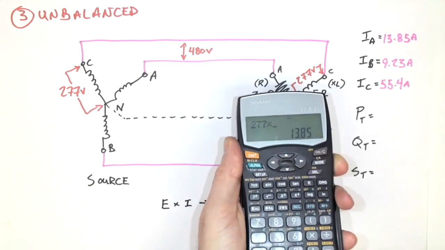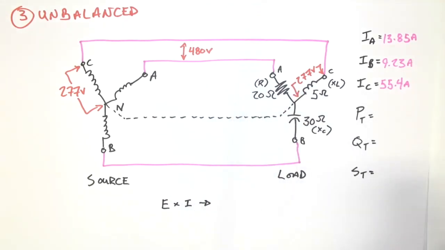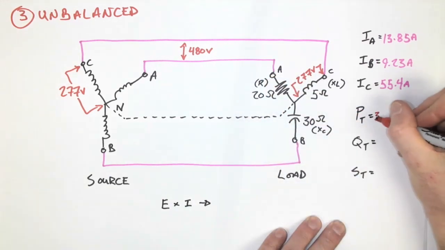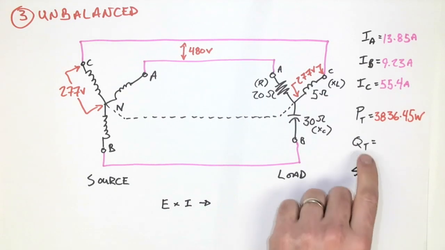So 277 times 13.85 gives me 3836.45. So that would be the total watts, 3836.45 watts.